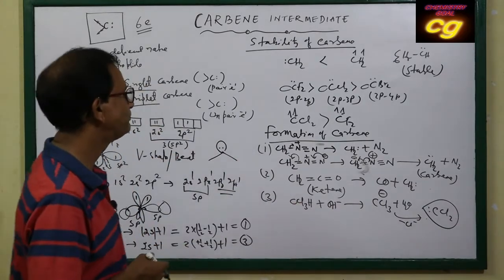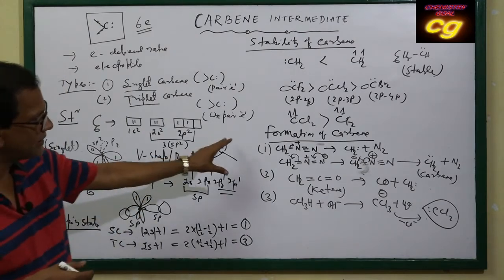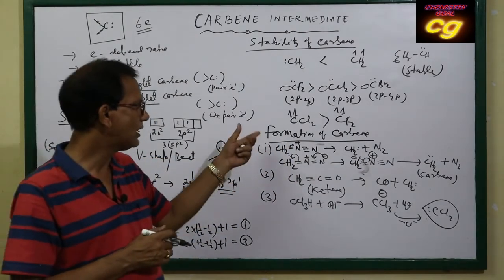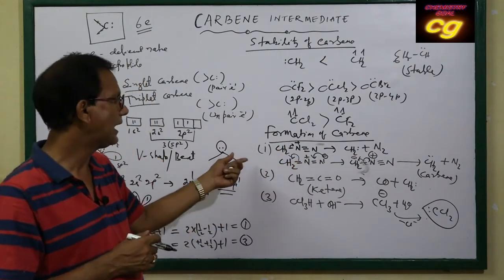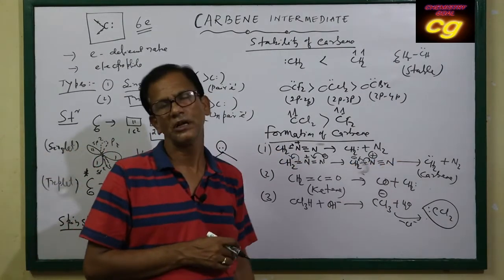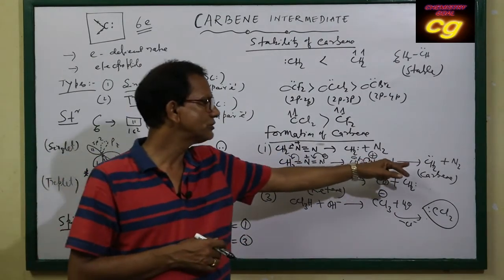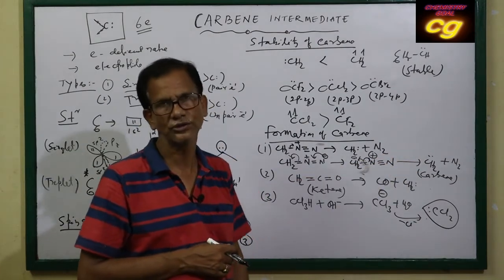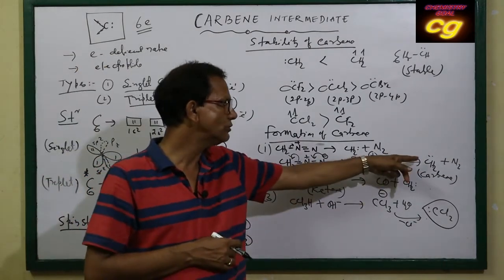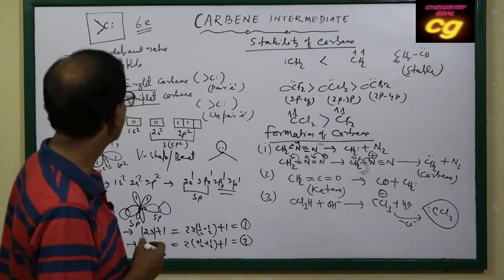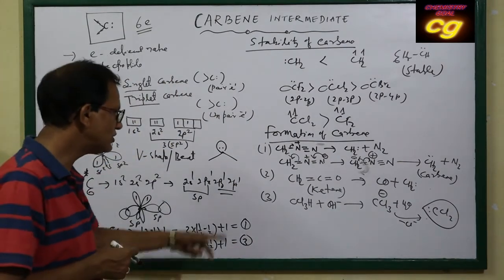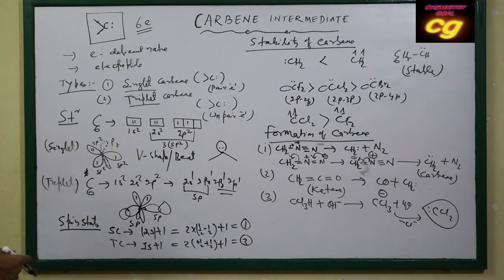So formation of carbene depends upon the bond breaking process, what way the bond breaks, and the carbon becomes carrying 2 electrons and having 2 bonds. The remaining 2 electrons on the carbon atom may be in a triplet form or in the singlet form. So this is regarding the formation of carbene.